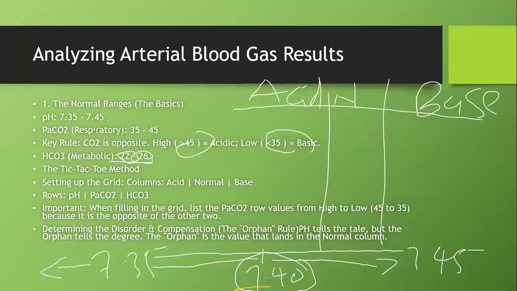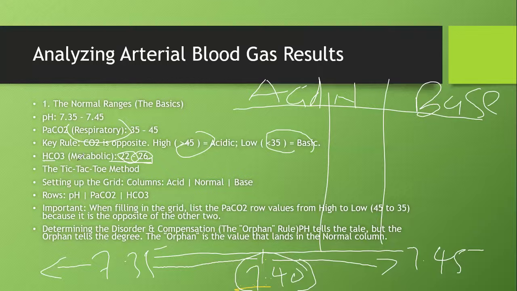Now, let me state again that if you have a problem and the problem is as a result of carbon dioxide, we say the problem is respiratory. And if the problem is as a result of bicarbonate, we say the system is what we call metabolic.